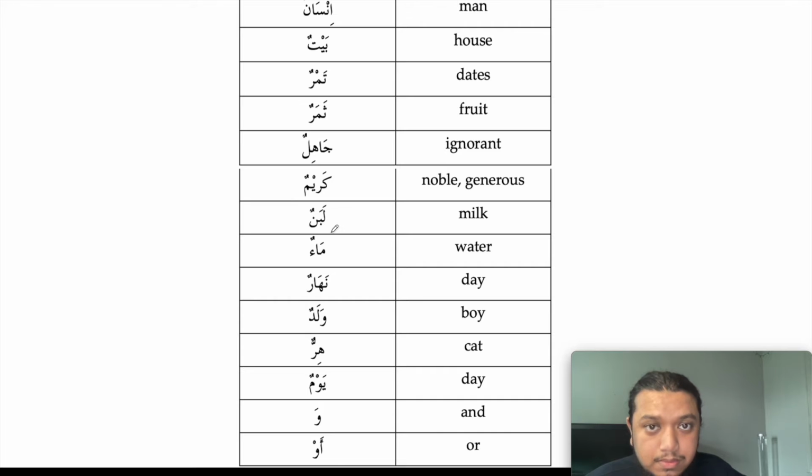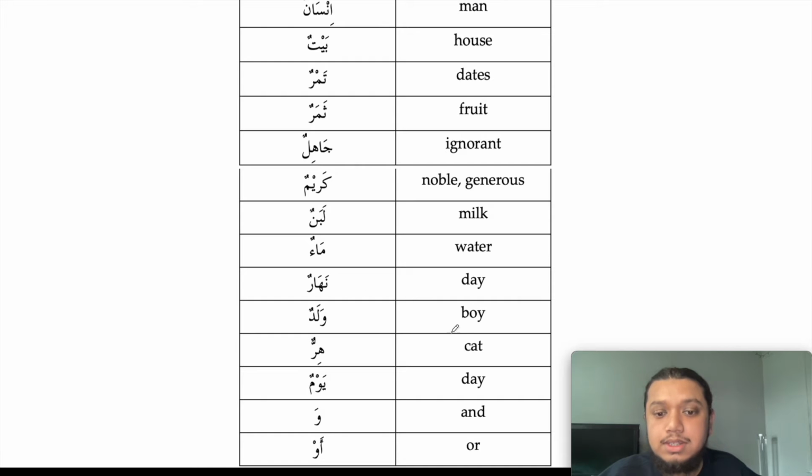Labanun. Labanun means milk. Ma'un. Ma'un means water. Naharun. Naharun means day. Waladun. Waladun means boy. Hirrun.